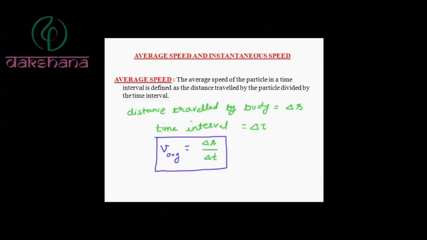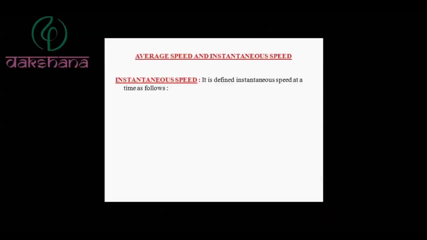So now let's see what instantaneous speed is. It is defined for a particular instant. From average speed, we have seen that it is the distance delta s divided by the interval delta t during which the particle traveled.